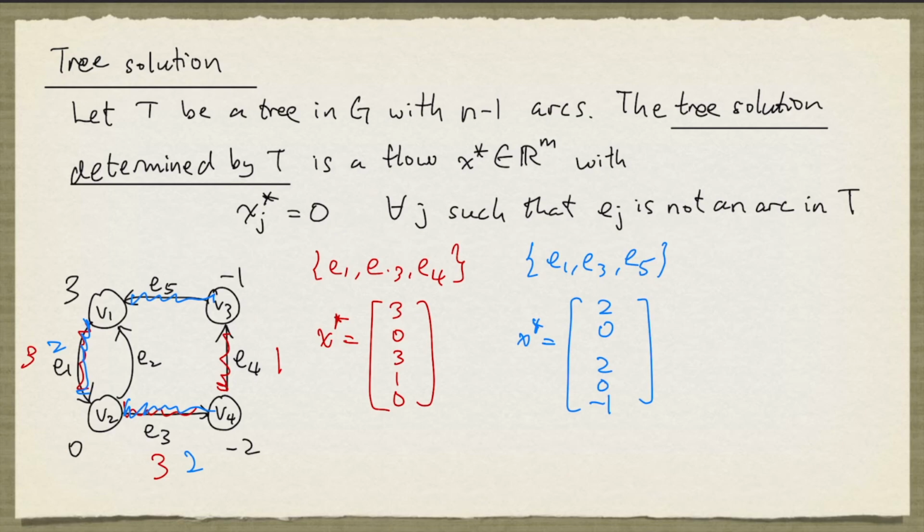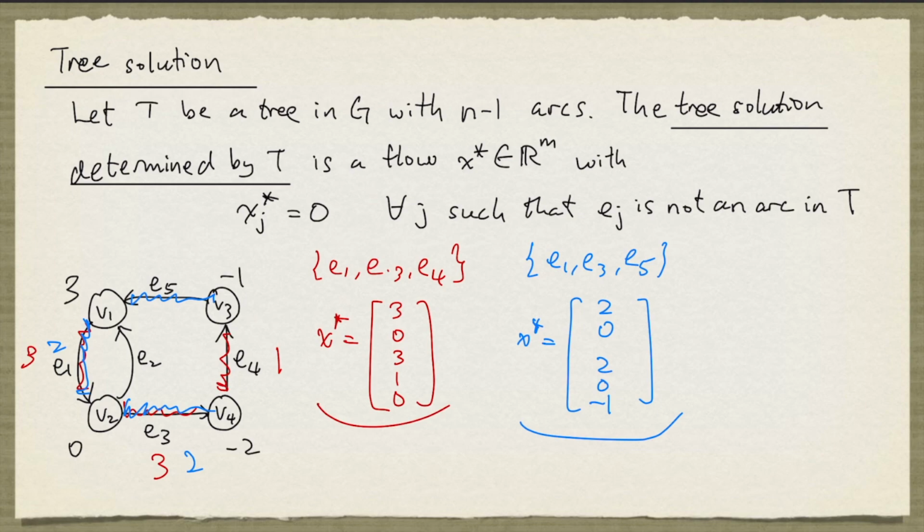So this is the tree solution determined by the tree with arcs E1, E3, and E5. It's a flow, but it's not a feasible flow. So if a tree determines a feasible flow, we call the tree solution a feasible tree solution. So in this case, this is not a feasible tree solution, whereas the previous one is a feasible tree solution.